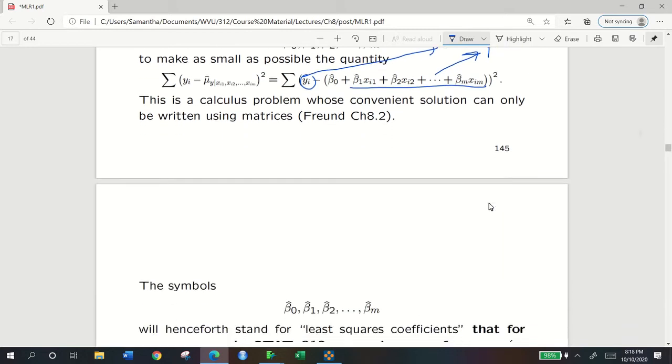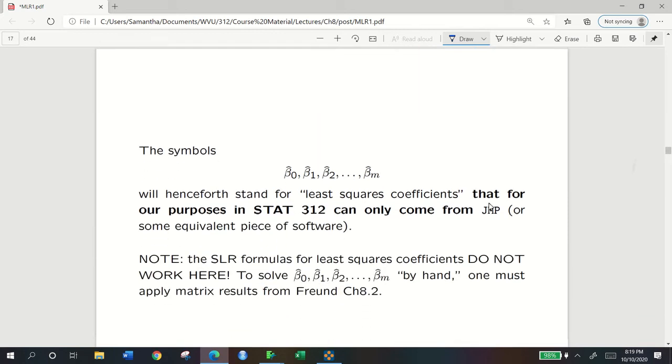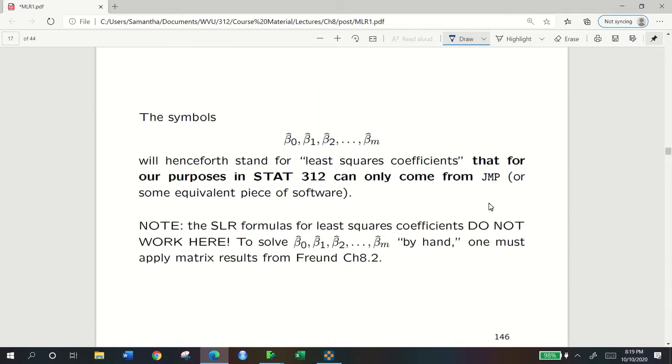Now, unfortunately for you guys, a lot of stuff that we would like to examine in Chapter 8, I can't ask you to do by hand because it requires a level of calculus that is beyond the scope of this course. So you're going to hear me refer to this a lot, where we will be examining values, but we can't calculate them. We'll have to get them from JMP.